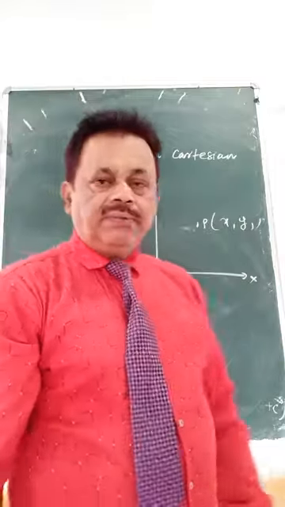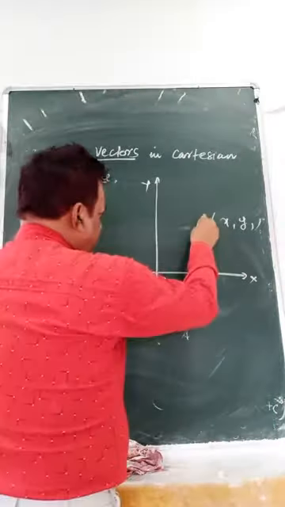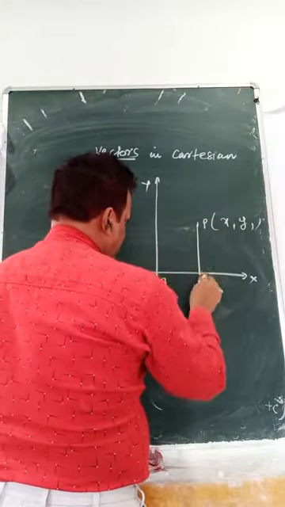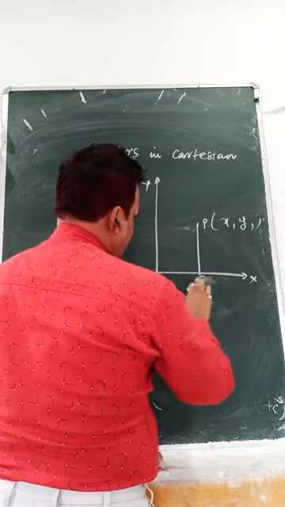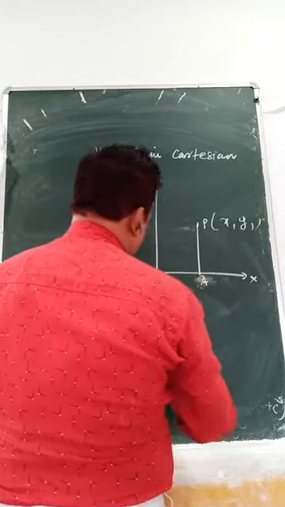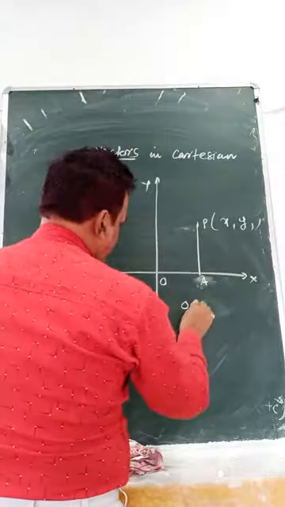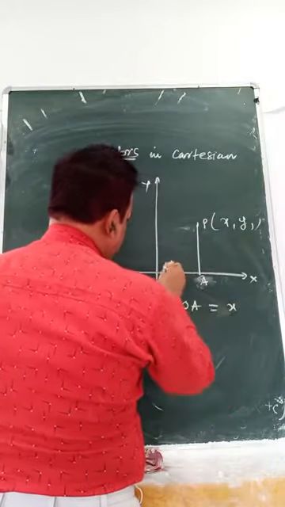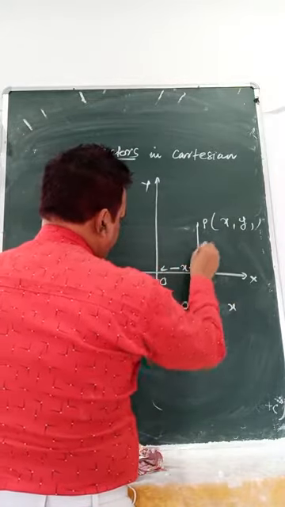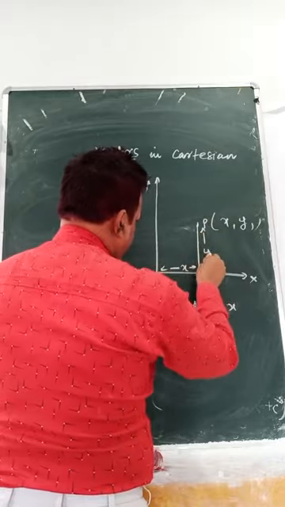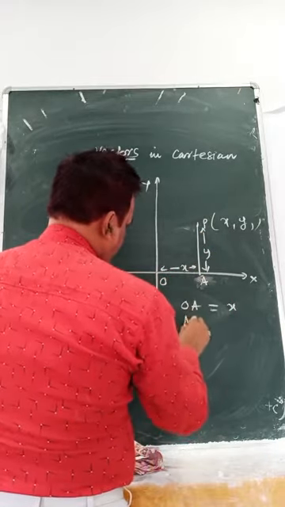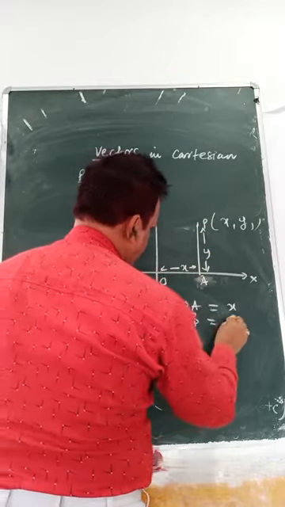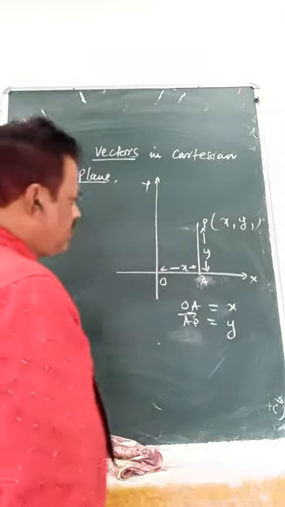So how do you define? Now you define, if you drop a perpendicular here, if this is A, then you write OA equals to X, this is your X, this is your Y, AP equals to Y.